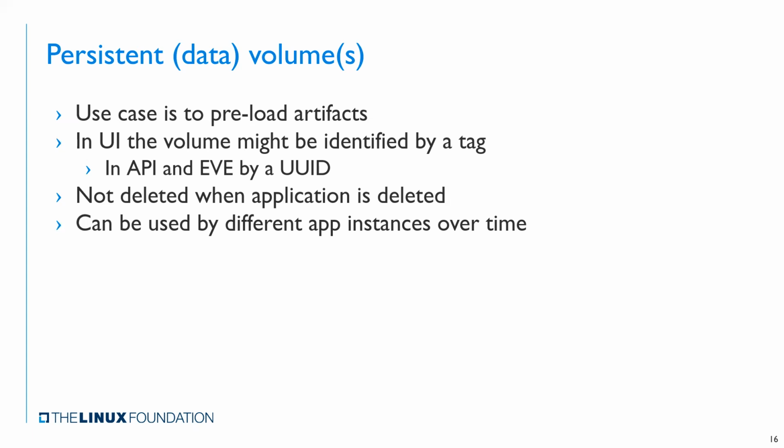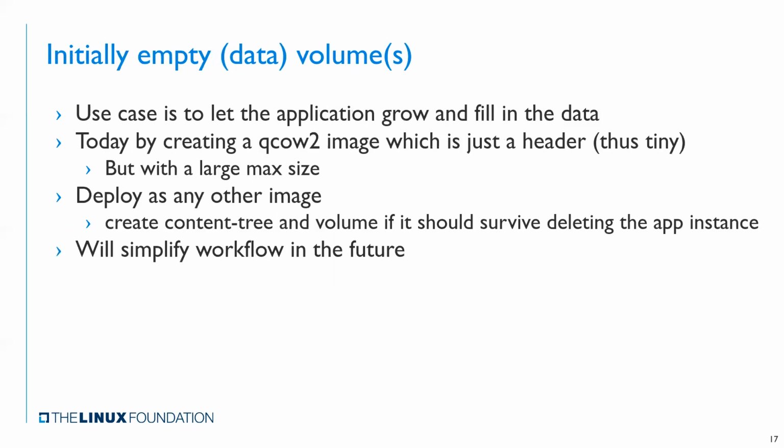If there's interest, you can explore in which cases, what is needed to do some level of sharing by multiple app instances at the same time, whether it's read-only or read-write sharing. But it requires slightly different plumbing on the EVE side to make sure that you can actually do read-write sharing. And so that's one of the key use cases for this.